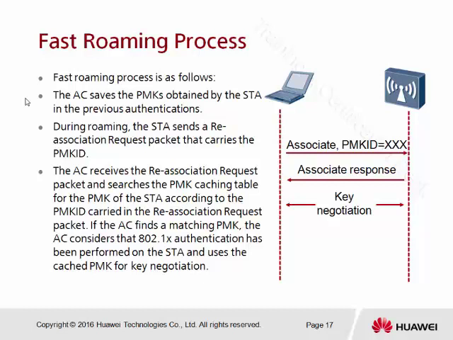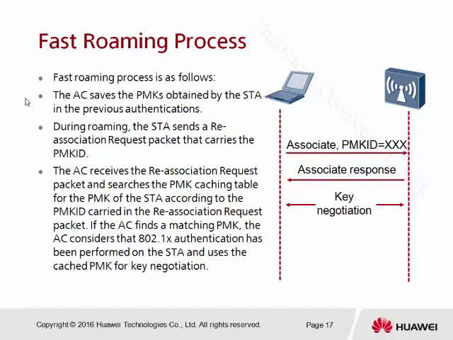The AC saves the PMKs obtained by the STA in the previous authentication. Only the first time does the PC have to go through the EAP exchange and pass the identity from the 802.1x. Later on, they don't need to go through this process anymore because it is all stored inside the table, inside the AC.